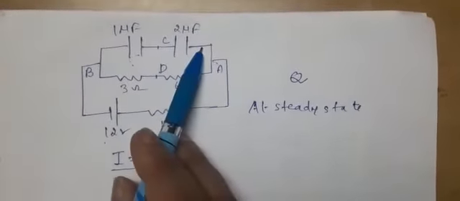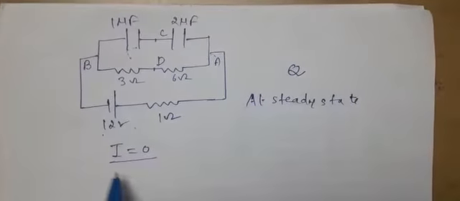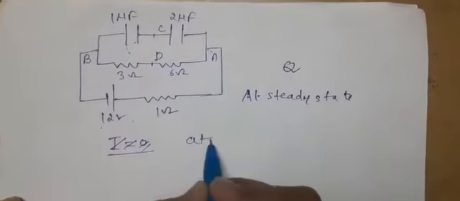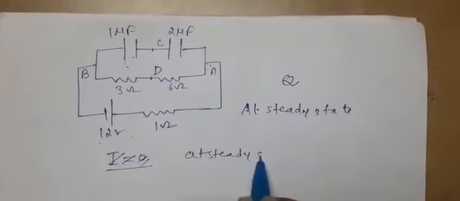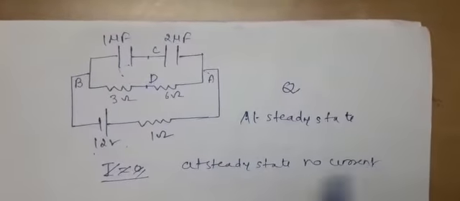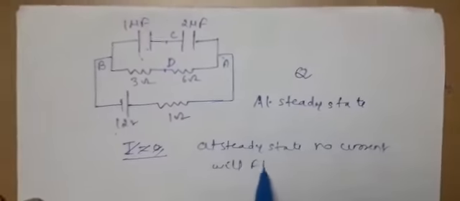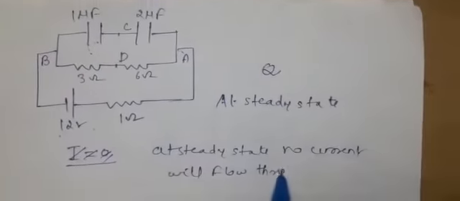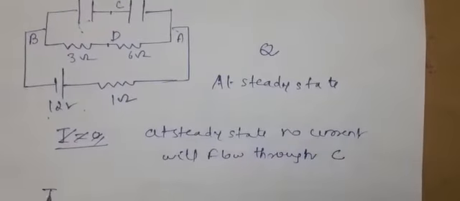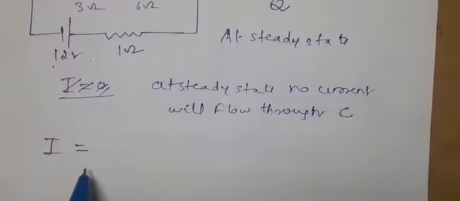For this combination, no current is flowing. So you will say at steady state, no current will flow through capacitors. So now what is the current flowing through the circuit?